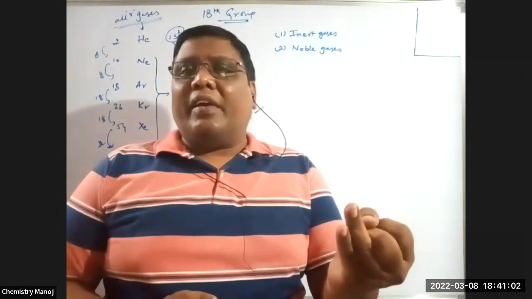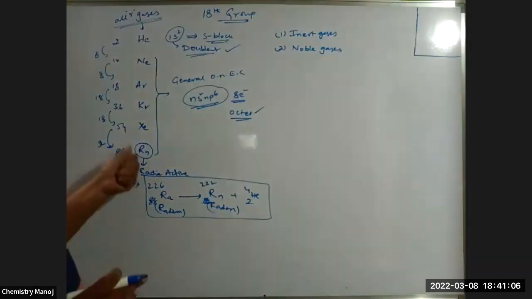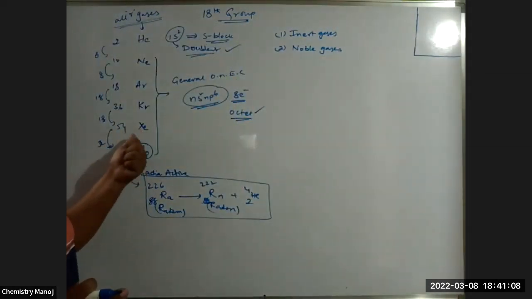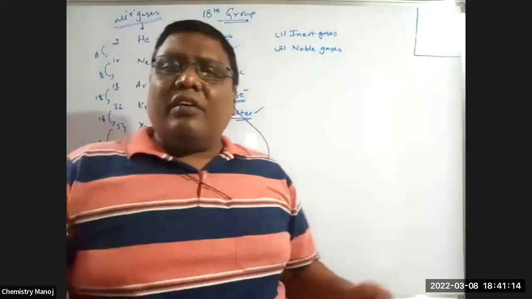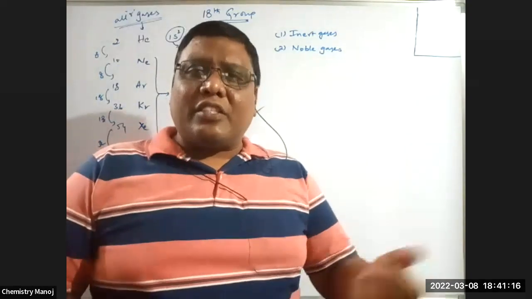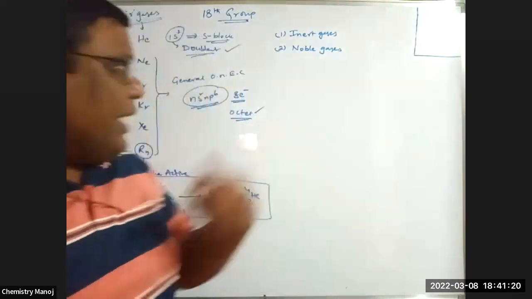Oxygen and fluorine react with the last elements, that is xenon and radon. So in a special way, xenon is involved in reaction with highly electronegative elements like fluorine and oxygen. That behavior is called noble behavior. So these gases are called noble gases.